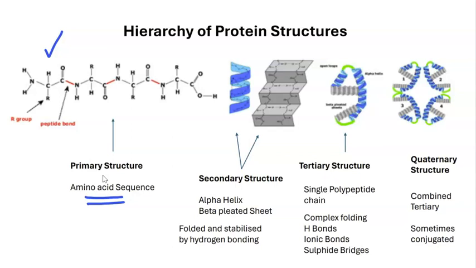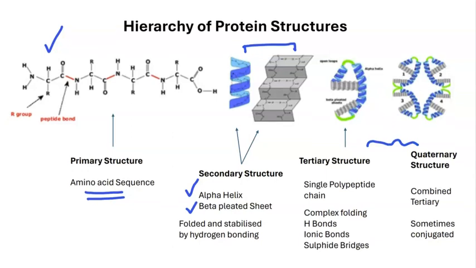As they form on the ribosome, they immediately form up into what are called alpha and beta forms, the alpha helix and the beta pleated sheet. Those are the structures we're going to look at in this video, and then we'll follow that up with further levels, tertiary and quaternary, in the next video.